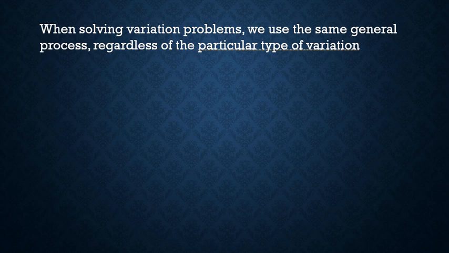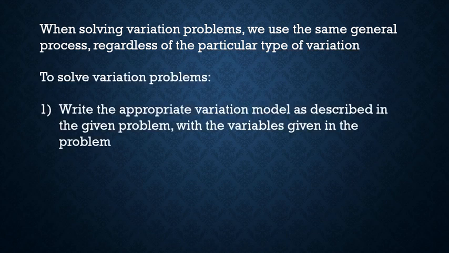So when we solve these variation problems, we use the same general process regardless of the particular type of variation that we have. To solve variation problems, one, write the appropriate variation model as described in the given problem with the variables in the given problem. This is the first hurdle that people will get tripped up on.